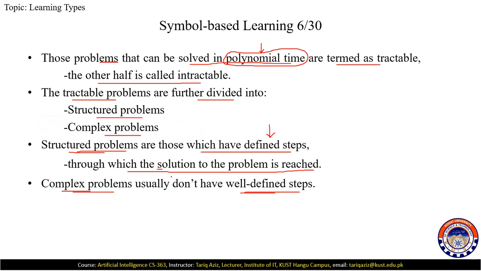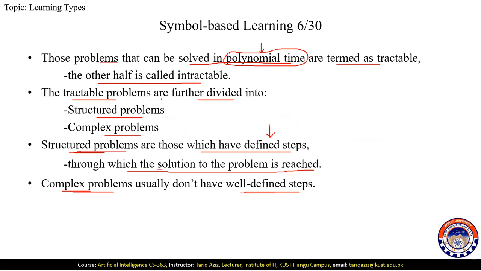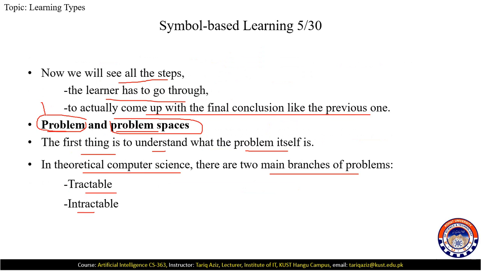Let me summarize in one line: we are dealing here with complex problems, and we want to develop machine learning algorithms for them, because these problems are ill-structured. We don't have well-defined steps for these problems. So we just covered this part of the heading.